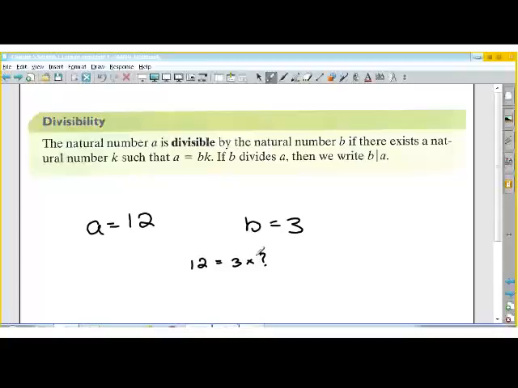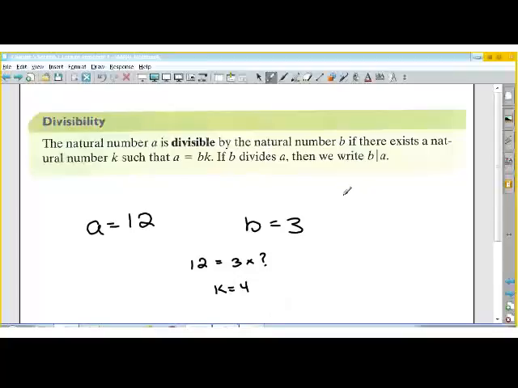Let me try the next natural number, which is 4. 3 times 4 is equal to 12. So in this case, for this particular example, K is equal to 4. So there exists a natural number, K, the number 4, such that A is equal to B times another counting number, or natural number. It's kind of a convoluted way of thinking about it.